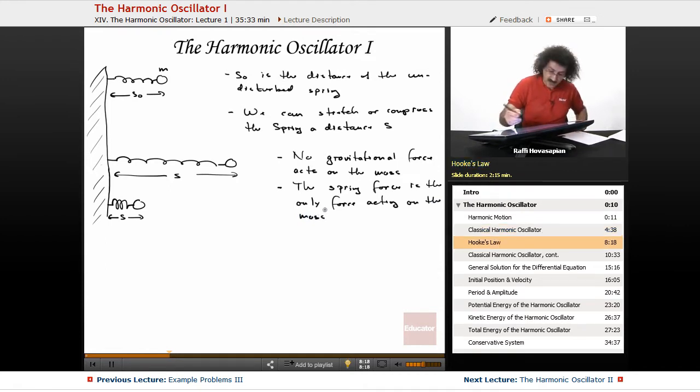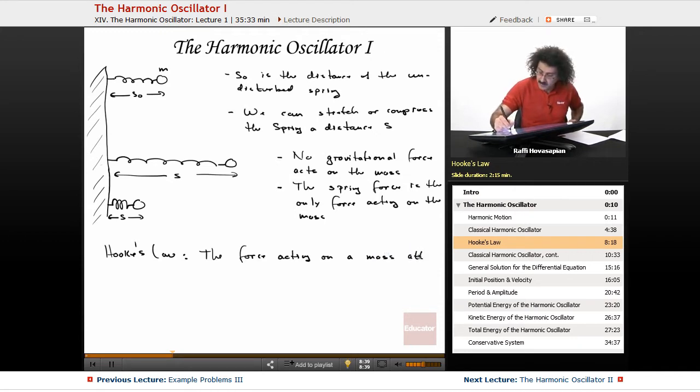Okay, now Hooke's law, you remember hopefully, or you remember having heard from your physics course. The force acting on a mass attached to a restoring medium.